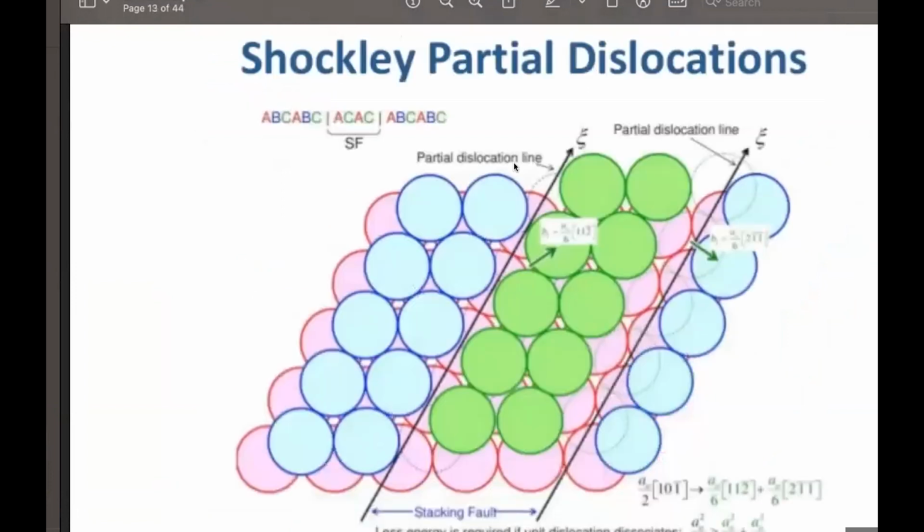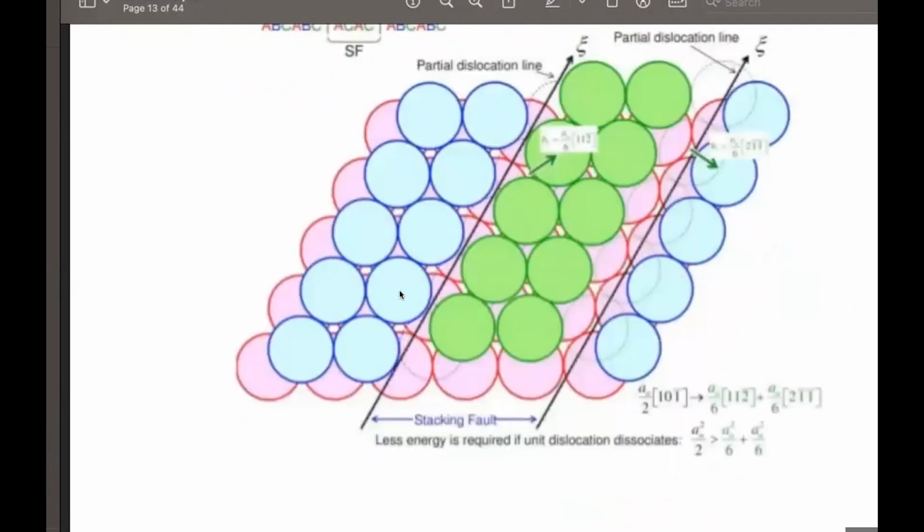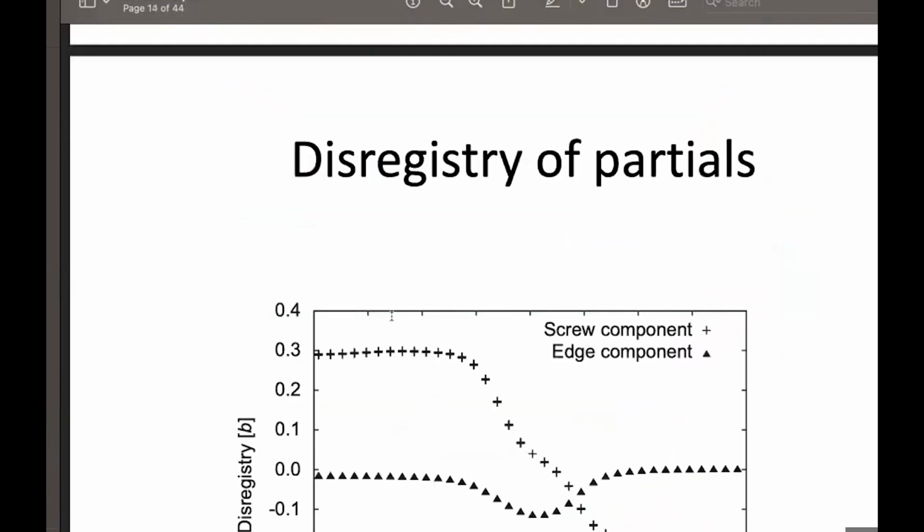And while creating these Shockley partials, we always create these stacking faults. This is very important, guys. We have stacking faults once we create the Shockley partials. The stacking fault is here, for example: ABC, ABC, then we have AC, AC. So this is a stacking fault, and we also have some stacking fault energy.